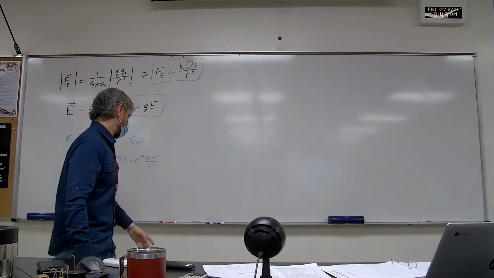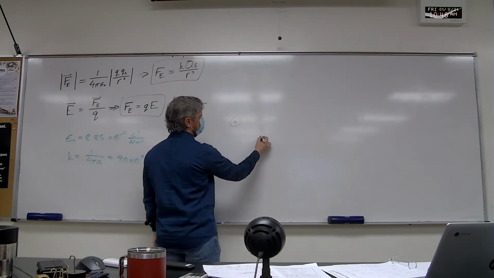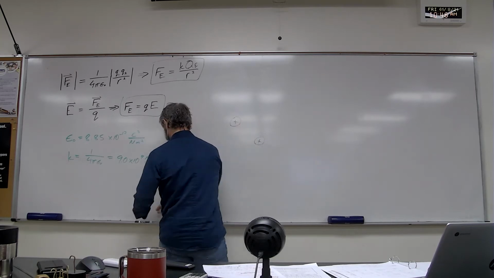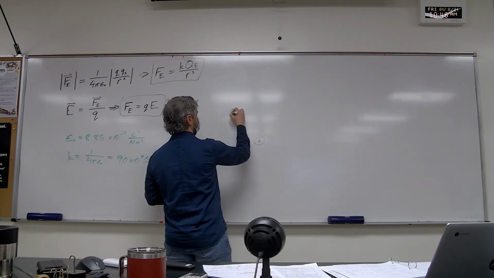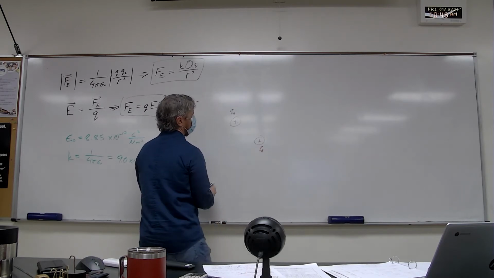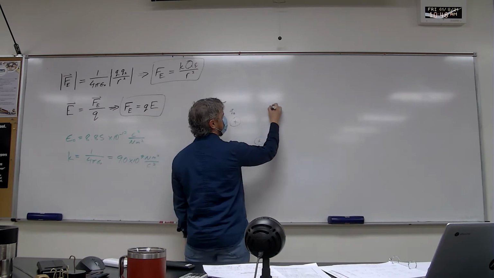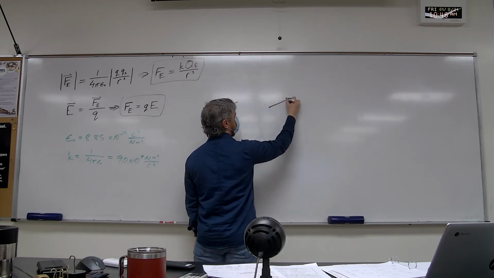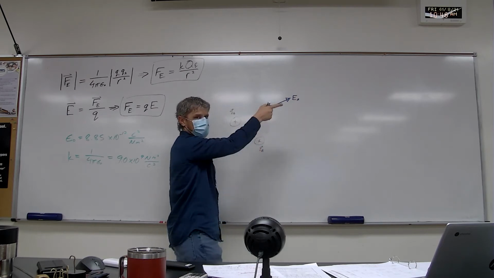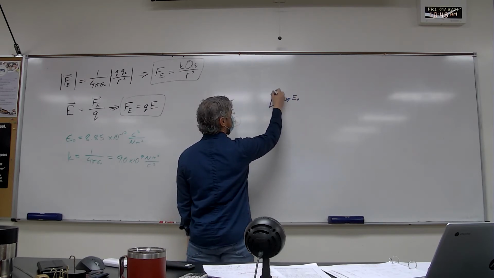Okay, so if I have a positive charge here, and a positive charge here, say this is charge A, this is charge B. Let's say at this point in space I have an electric field due to charge A, and it points radially away from the charge, and then charge B creates a field that points this way.